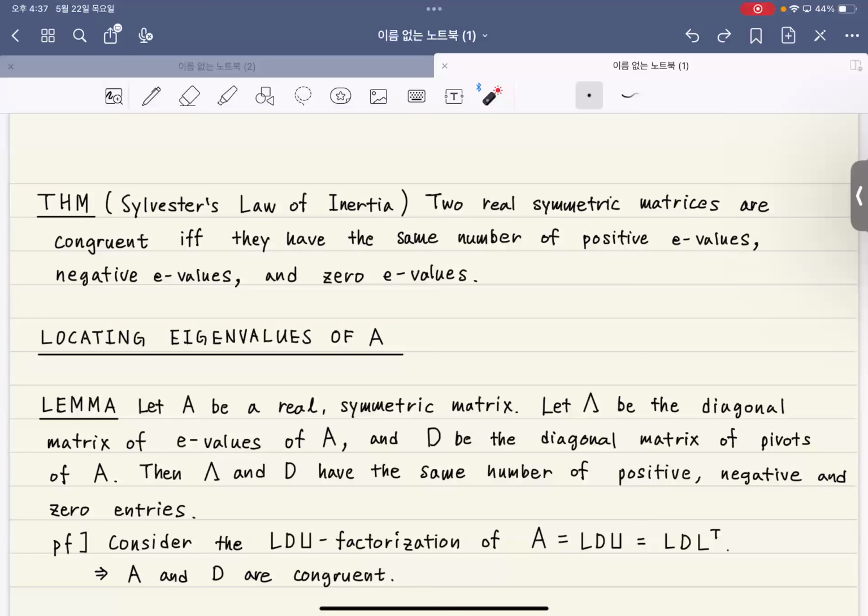Because of the spectral theorem, real symmetric matrices have all real eigenvalues. You do not worry about the exact values of the eigenvalues. What you need to worry about is just the sign of the eigenvalues.